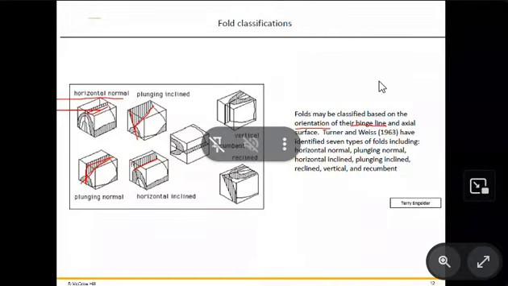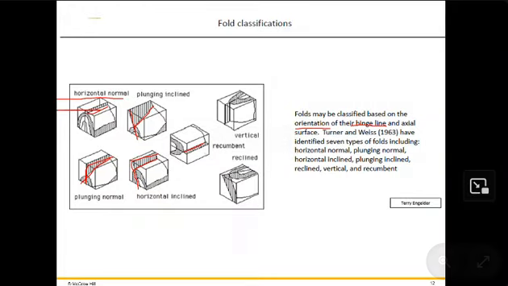So this is horizontal inclined. Then all of a sudden, when the hinge line is horizontal, but the axial plane is no longer vertical but horizontal, it becomes a recumbent fold.